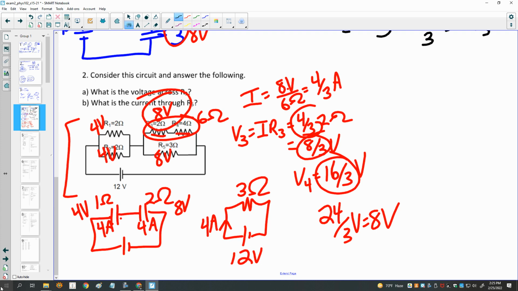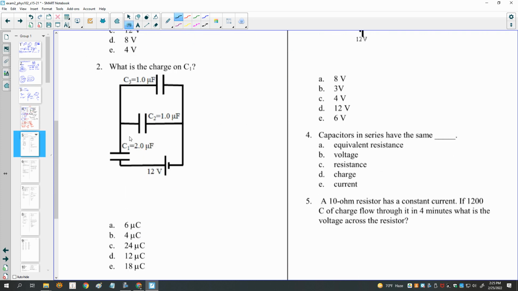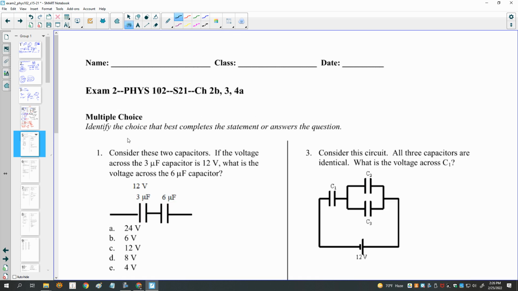Okay, let's see, how long have I been going here? We have some more time. Let's just look at some of these old tests. These are great examples of test problems. Hold on, give me just a second. I'm realizing that we didn't have capacitors on our exam one, whereas, for example, on this spring 21 exam, we had capacitors on our exam one.